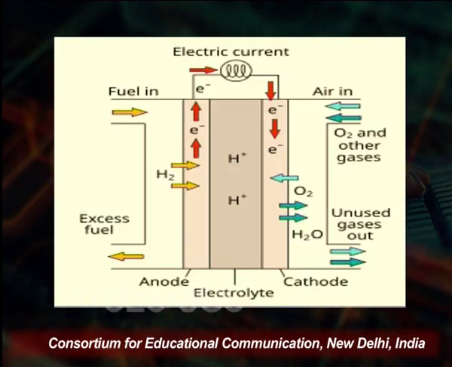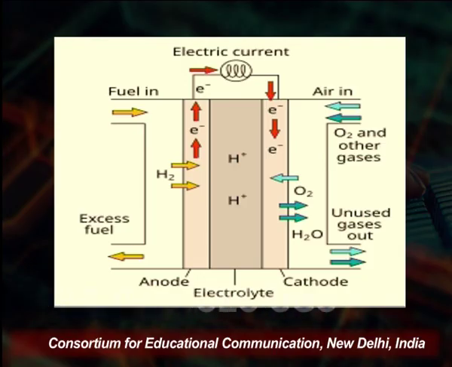Now, from this diagram you can easily understand that the hydrogen is moving from the anode, and the oxygen at the cathode, and how these are combining to produce electricity. Now, you see fuel in and fuel out.